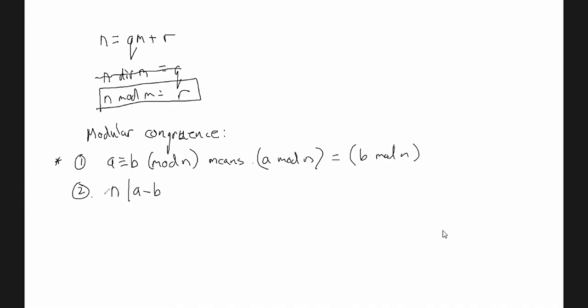A typical problem might be: are 121 and, I don't know, 56 equivalent mod 7? Yes, you could use the division algorithm and find the two remainders, but simpler is just to use the second definition.